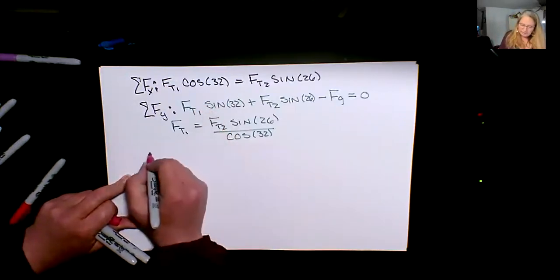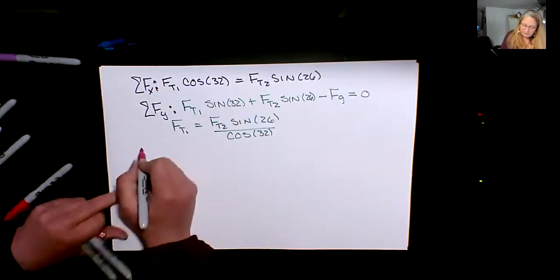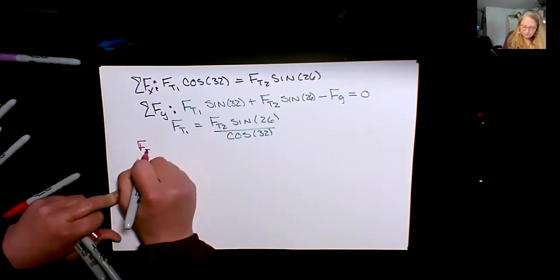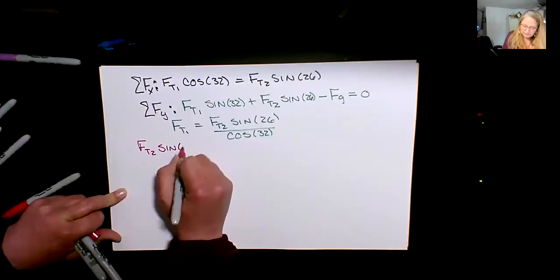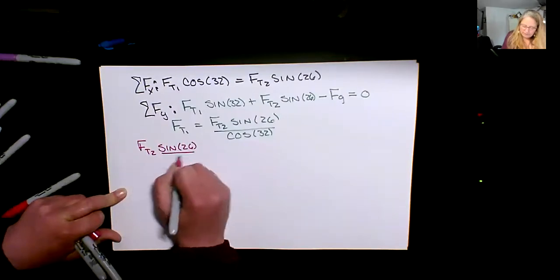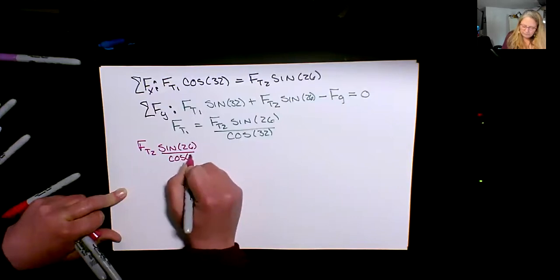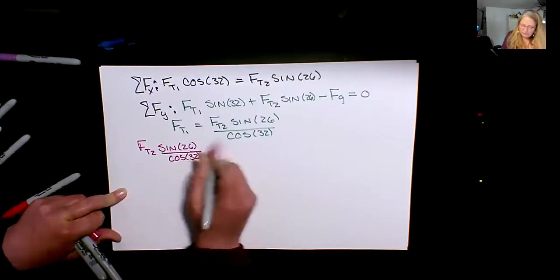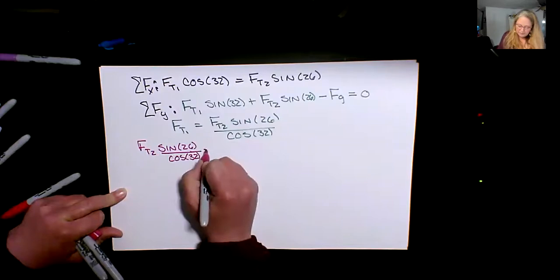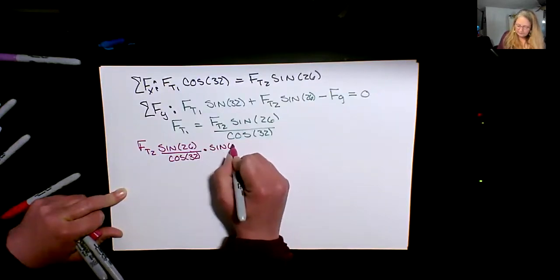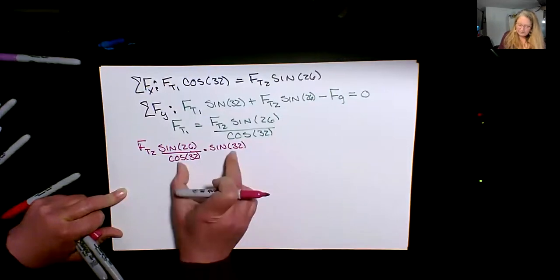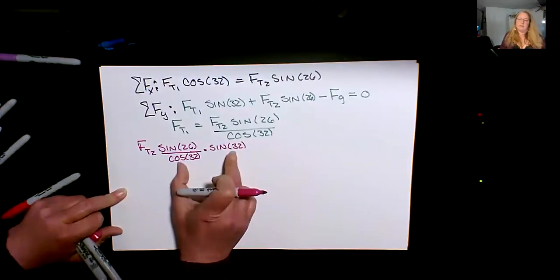So let's see. So I get, putting this into here, I get force of tension 2 times sine of 26 divided by cosine of 32. So I put that in there times sine of 32. Ooh, that's exciting. Because that divided by that, that's just tangent.